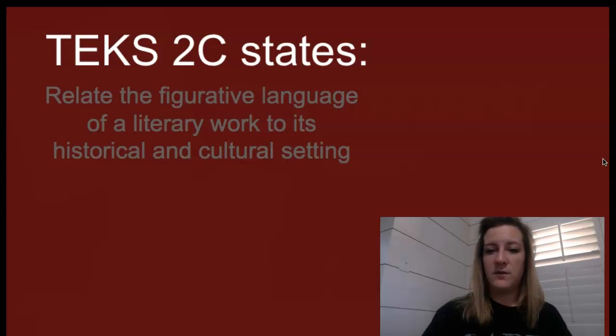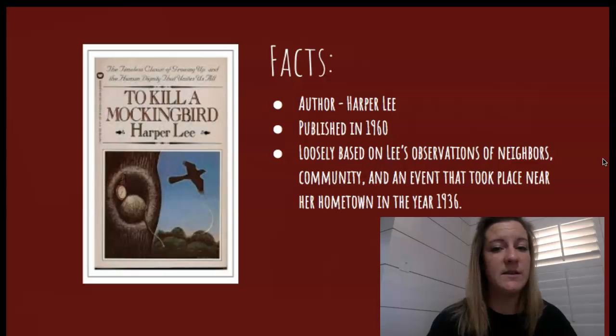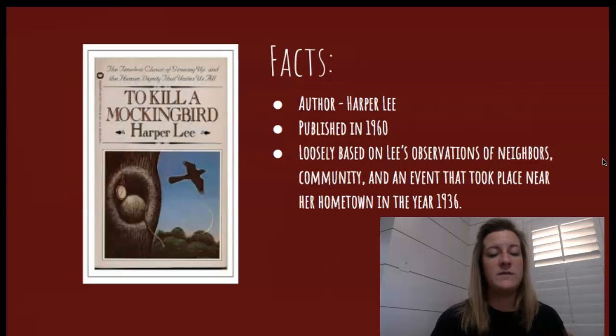So for example, if we look at To Kill a Mockingbird, a book I talked about in the last video, the author is Harper Lee. It was published in 1960. And actually, the whole premise of the story is kind of based on something that she observed in her community as a young girl.